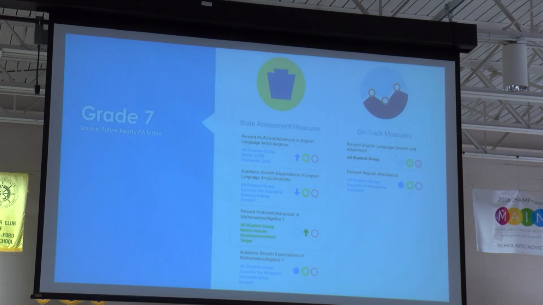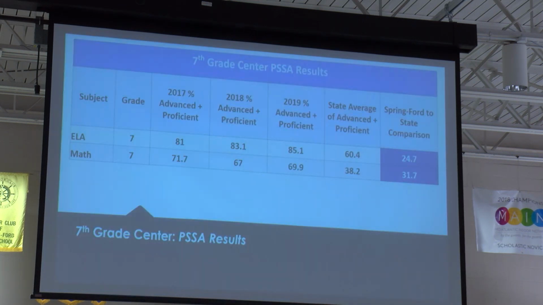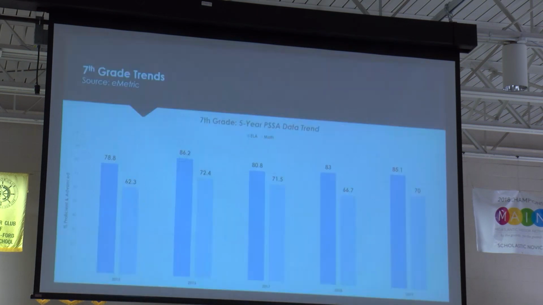Moving into 7th grade, you'll see mostly blues in 7th grade, and one area where we're hitting the interim target. And once again, really high numbers as far as comparison to the state. When we look at our 7th grade data, what's really interesting when we go back to the cohort data, we are seeing that when students transition to a building, they do drop a little bit, and then over time, we're seeing growth.